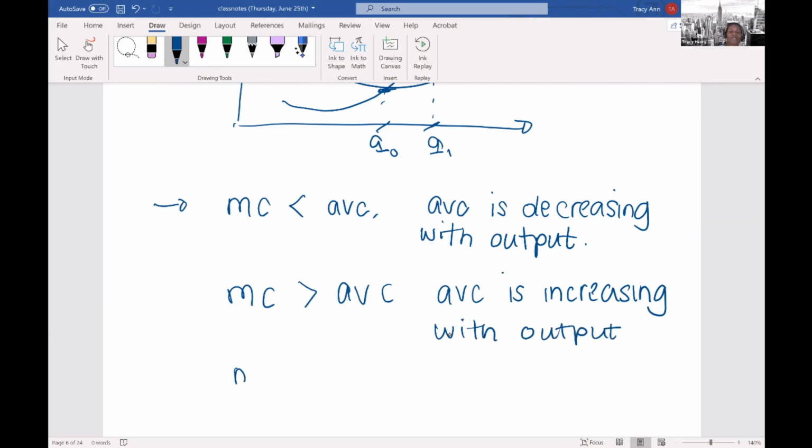And if your marginal cost is equal to your average variable cost, then your average variable cost is at a minimum.